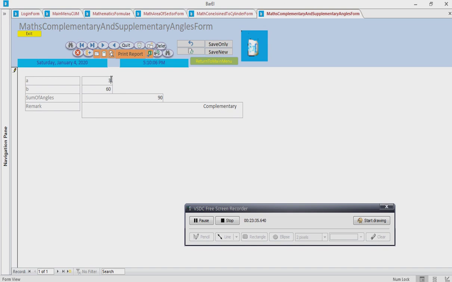Let's say 120. It's a supplementary angle. It adds up to 180.